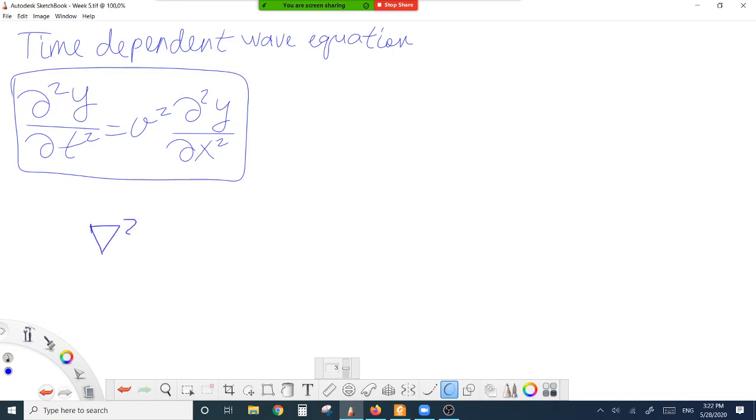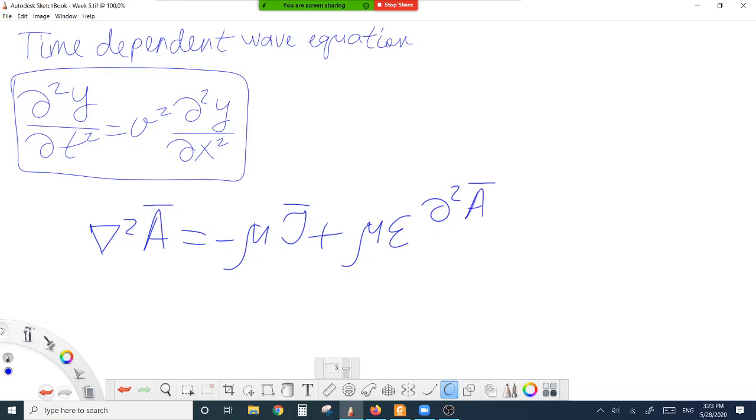If you remember, the Laplacian of the magnetic vector potential A was equal to minus mu J plus mu epsilon d squared A over dt squared.